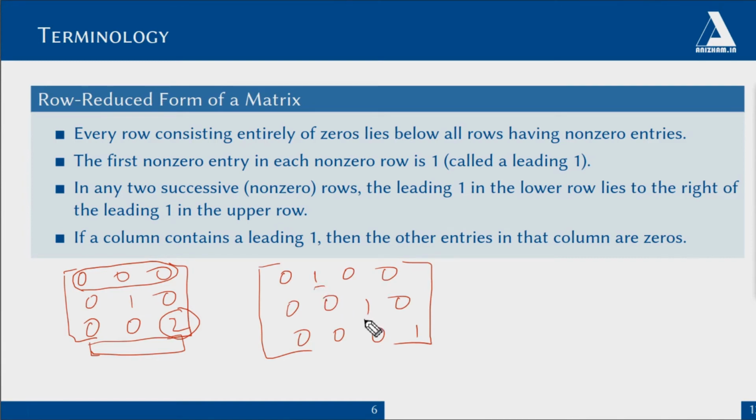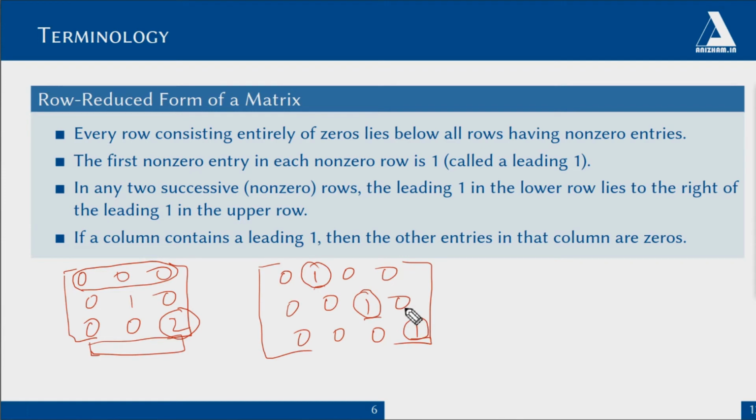This one, this is, and this is. And in any two successive non-zero rows, say this one as well as this one, the leading one in the lower row lies to the right of the leading one in the upper row. So here the leading one is here, and here it is here, so it is lying towards the right. Here also it is here, which is lying towards the right.